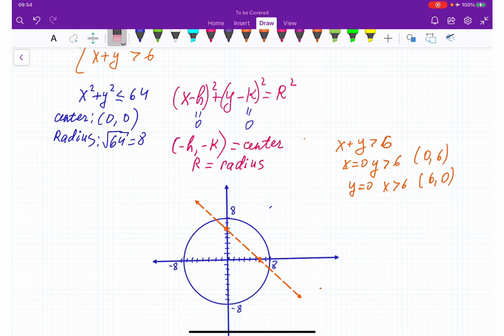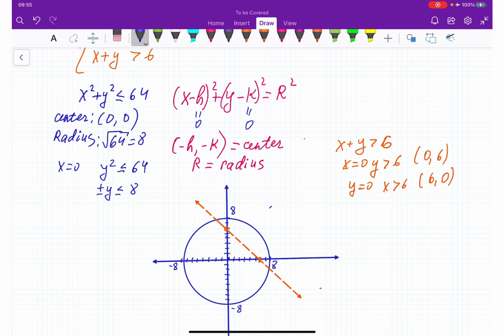X is equal 0. When x is equal 0, what do we have? Y squared less equal 64, which means plus minus y less equal 8, right? Square root of 64.